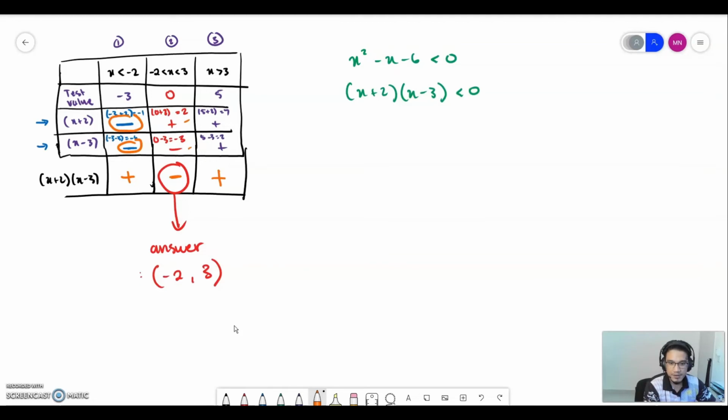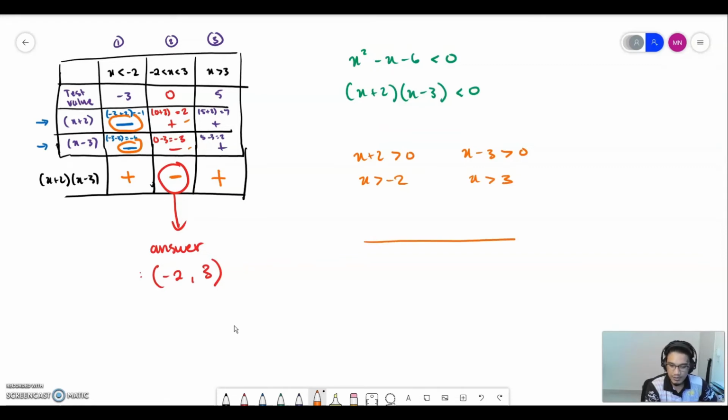You take the first factor, x plus 2, and just make it bigger than 0. Whether it is less than or bigger than, just make it bigger than 0. Then you take x minus 3 and also make it bigger than 0. So now we have x bigger than -2, x bigger than 3.